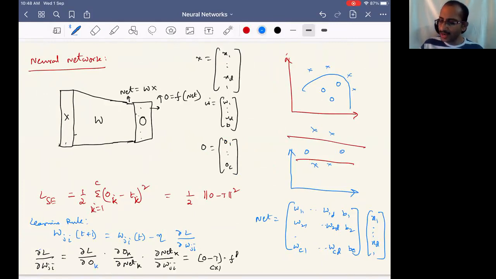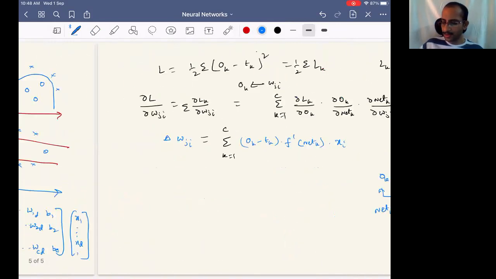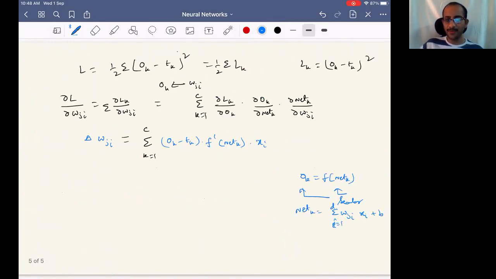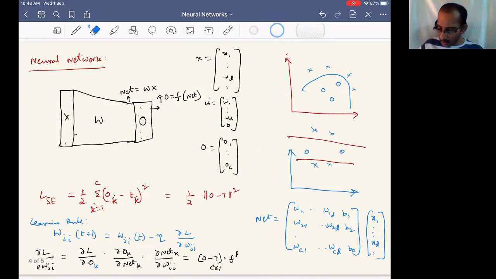One way is to write in scalar form and then sum them, each of them computed separately. Or we can directly put it in vector form. When we want to write dou Ok by dou net k in vector form, only the corresponding values are considered.